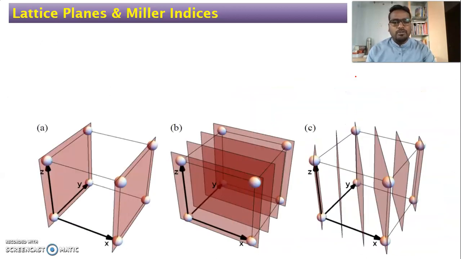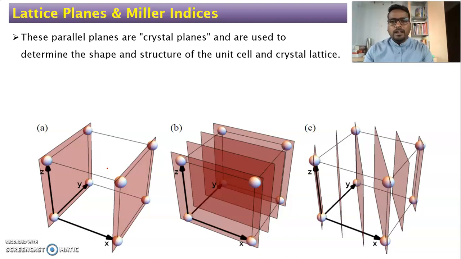And if you observe here, the different possibilities of crystal planes are formed based on the position of the constituent atoms located in different directions along three crystallographic axes. And these crystalline planes are very important in order to study the crystal structure.